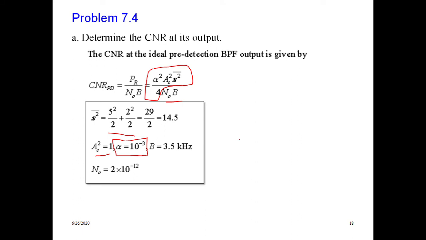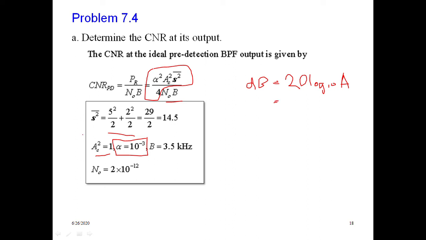We have to use the attenuation formula, which is power in dB equivalent to 20 log 10 A. So how do we find A?